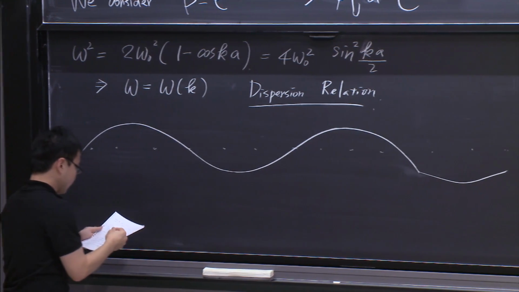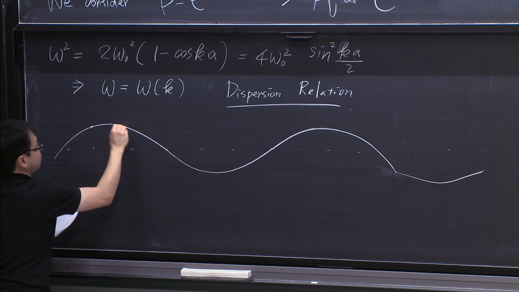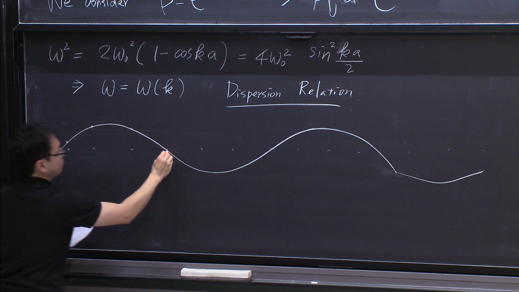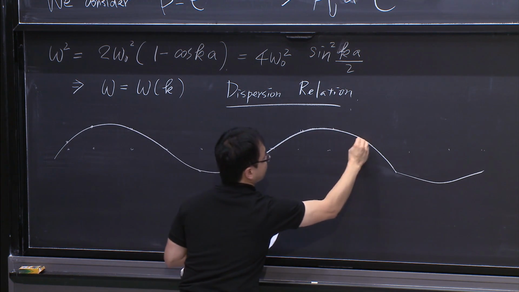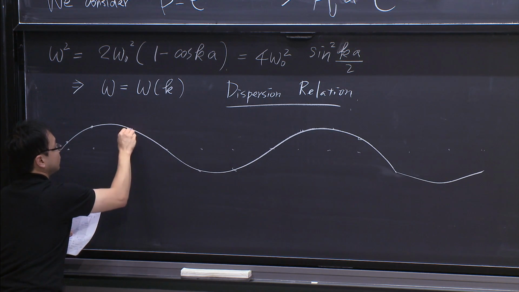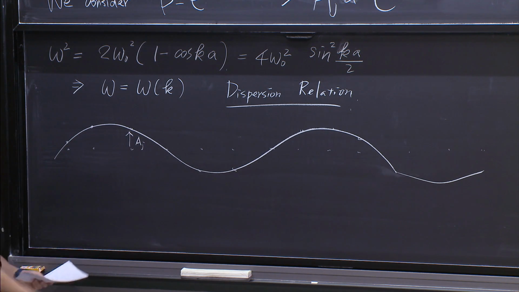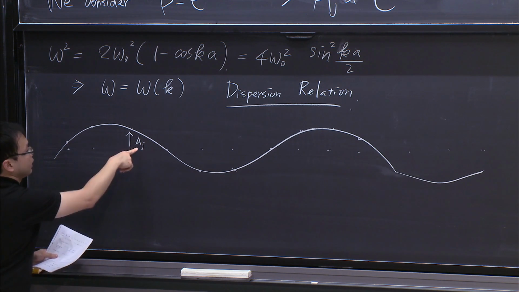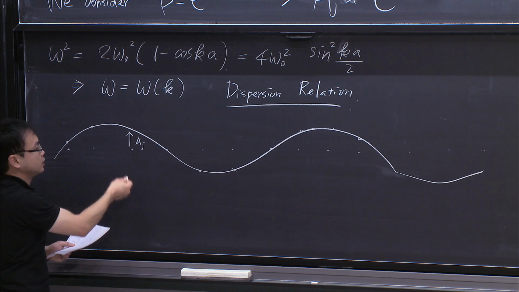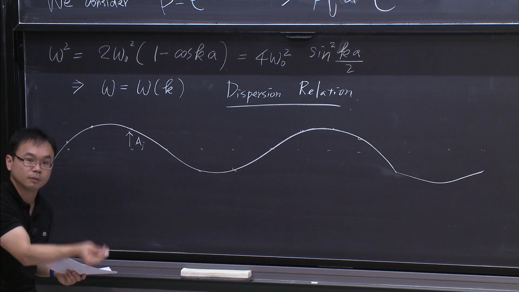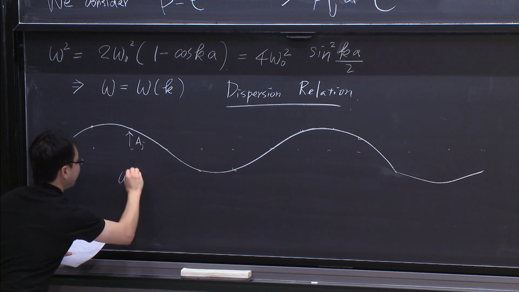This curve I'm drawing here is the amplitude, and all those masses are only moving up and down as a function of time. This is AJ, and the oscillation frequency, which is the frequency of moving up and down, is omega.